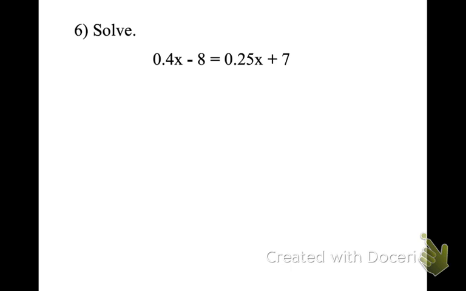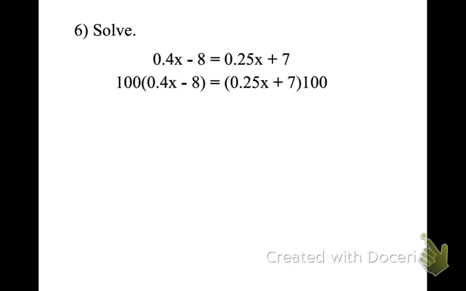All right, let's try the next one. Now, what's different about this one is here we have to clear one decimal and here we have to clear 2. We always have to go with the greater amount. That's the power of 10 we're using. So since I have to move it 2 places, I'm going to multiply everything by 100. So let's go.